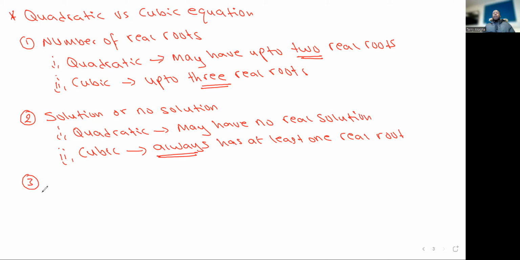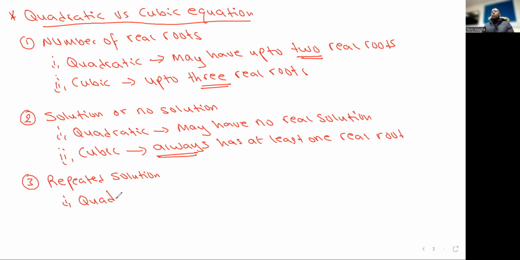Then number 3, one of the things I want to talk about to explain quadratic and cubic is in terms of repeated solutions. So in quadratic, when you have quadratic equations, both solutions can be repeated.